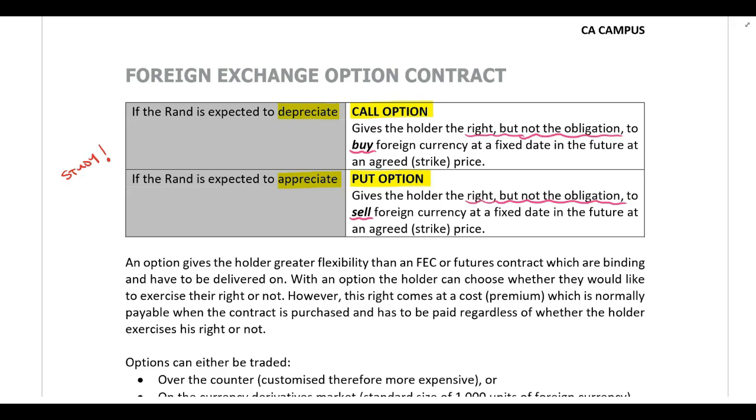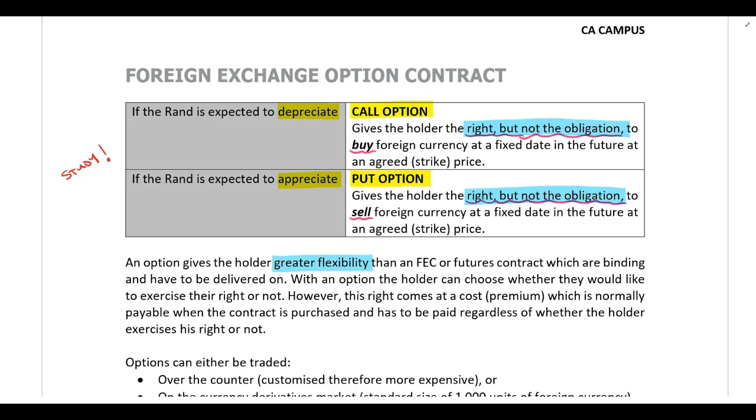Now, please note, you saw when I read through the descriptions above, the holder is given the right, but not the obligation, meaning that an options contract gives us greater flexibility than an FEC or a futures contract. You'll remember when we looked at FECs and futures contracts, I said to you both are binding.